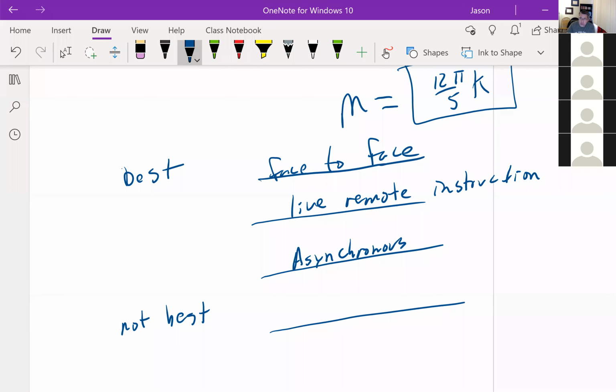And this is what we used to call correspondence, which is basically you're just learning from a text and you would mail in your work. There's zero interaction between you and the professor. This is the worst. I have taken a correspondence class. I've even taken one in math. That was how I studied to get my actuarial license.